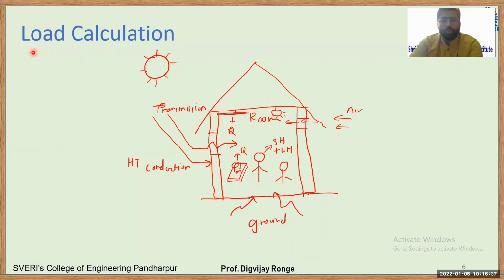Then we go to the load calculation part. So this chapter is actually this step, load calculation. Load calculation means, suppose there is a house like this, inside there are some human occupants, then there are some machines, a fan, a bulb, then there is a glass window, some opening, etc. Now the major load acting in this case is solar load.